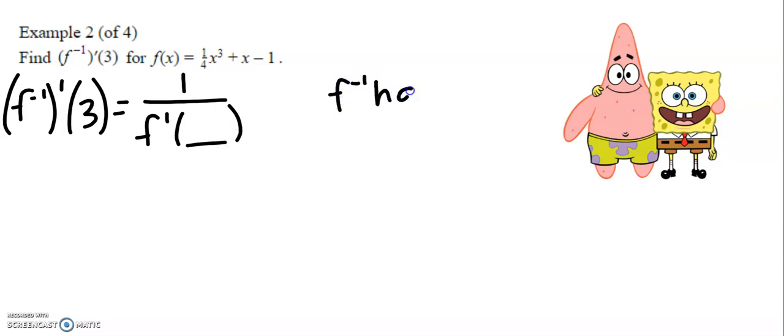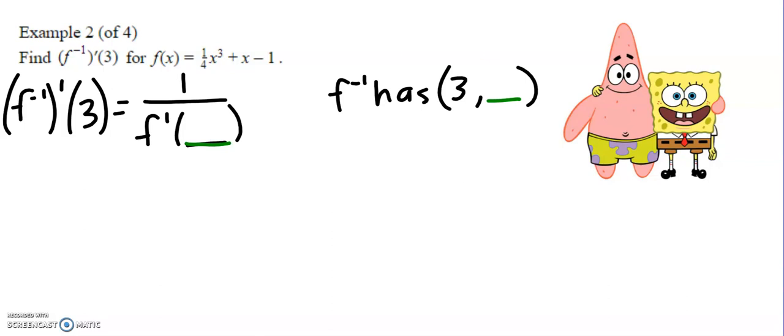F inverse has an input of 3 and an output that is a mystery that I need. Right? Notice all of this focus, all the first stuff I write down is about f inverse, because that's what I care to find.